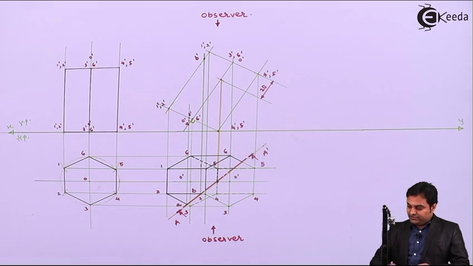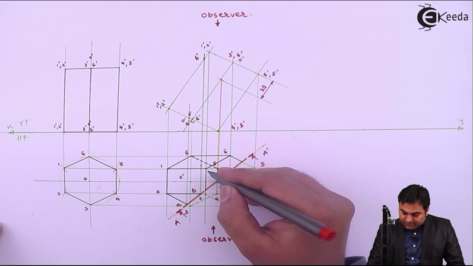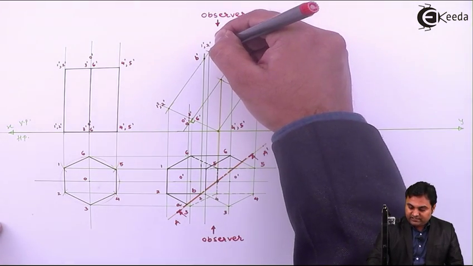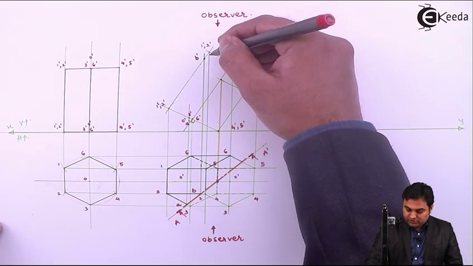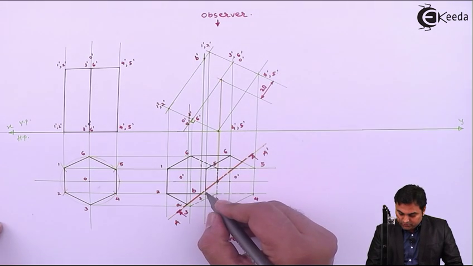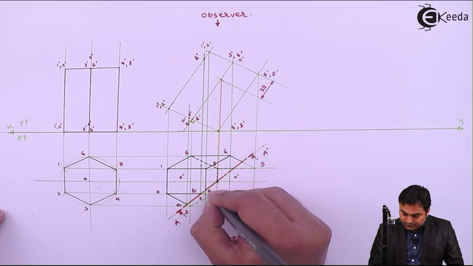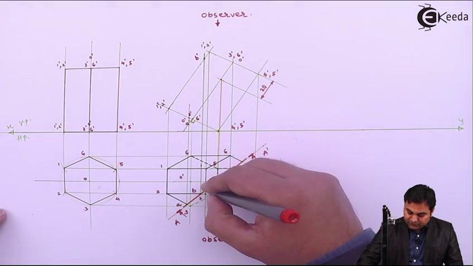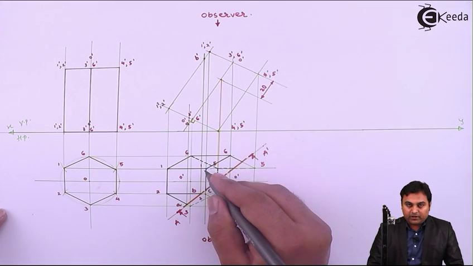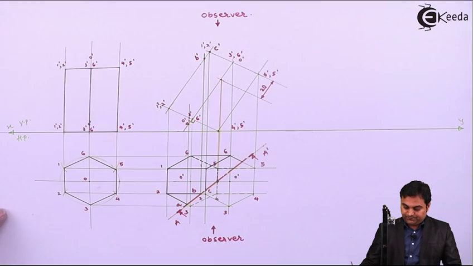Next, after this, the cutting plane is cutting the edge 1 2 of the top hexagon. So here we have 1 dash 2 dash of the top hexagon. It is looking like a line, and here it is looking like a point. So this is the point, I'll say it is point C. So this point C, when it is projected up, will come at this same corner, because C, 1 and 2 are on the same line. So here that will be C dash.